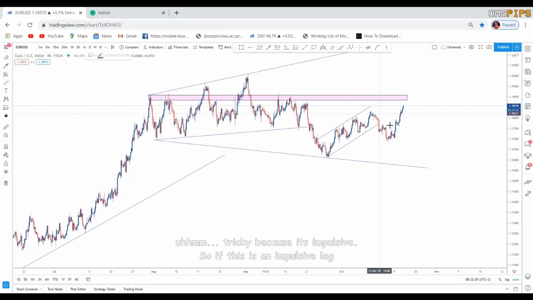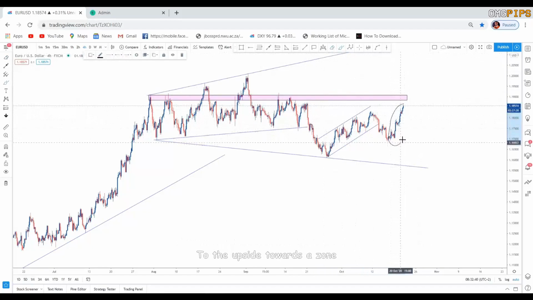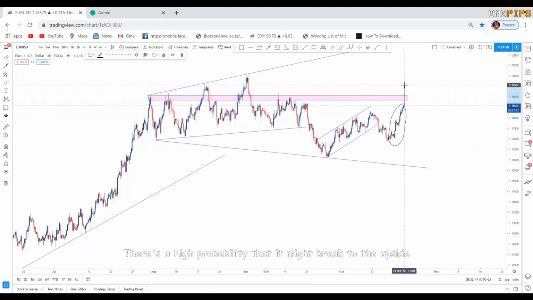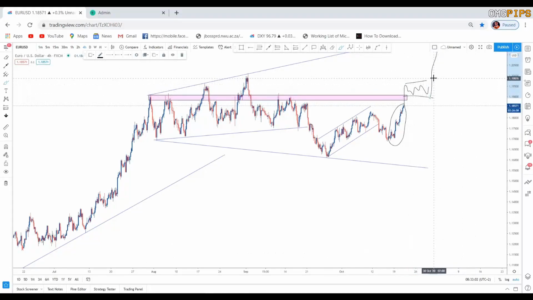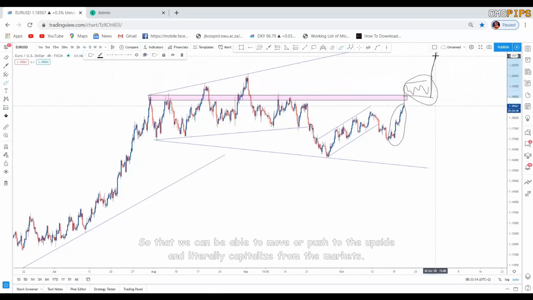So if this is an impulsive leg to the upside towards a zone or a structure, which is a resistance structure, there is a high probability that it might break out to the upside. And for us to have those clear versions of buying opportunities, we need to get something in nature of a continuation pattern to go to the upside. It's either from here, a falling wedge, or a rectangle flag, or a squeezed flag, something like that, so that we can push to the upside and literally capitalize from the market.